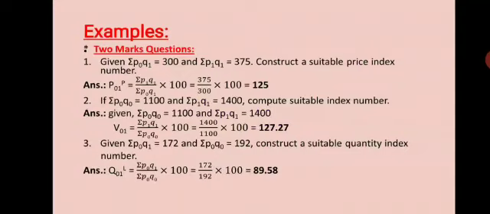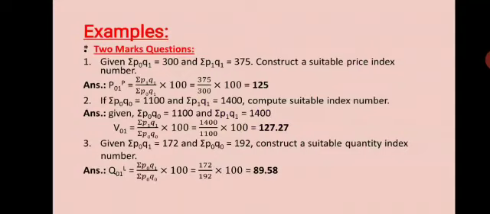Therefore P01 of Paasche equals summation P1 Q1 divided by summation P0 Q1 into 100. If you put the values, you will get 375 divided by 300 into 100. Then simplify further, we will get the answer as 125. That is Paasche's price index number.